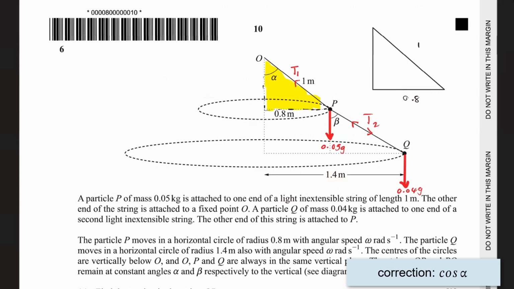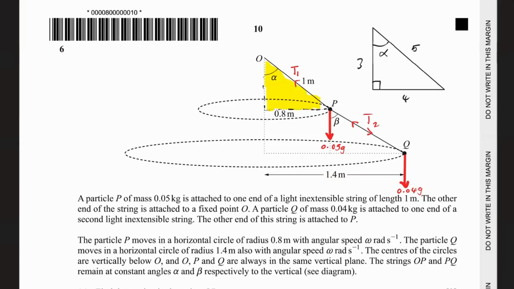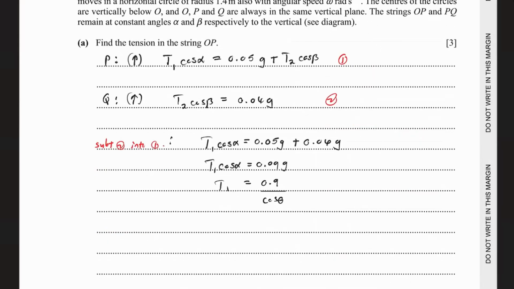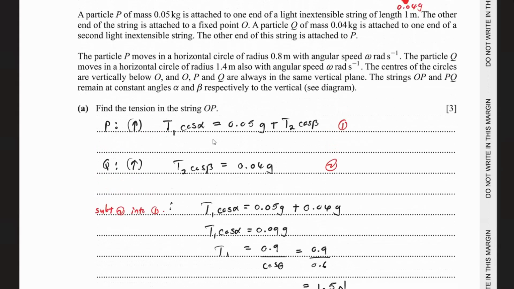Basically, that's 4/5. We can write that ratio as 4 and 5, which means this is a 3. And this angle is alpha. So cosine of alpha is 3/5 or 0.6. So it's 0.9 over 0.6, which is 3 over 2, which is 1.5 newtons. So that is how we find that.